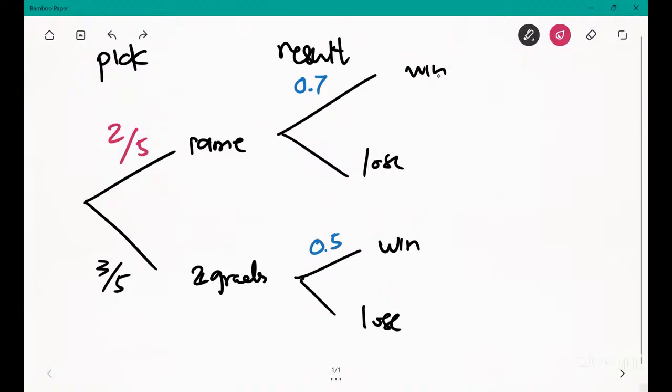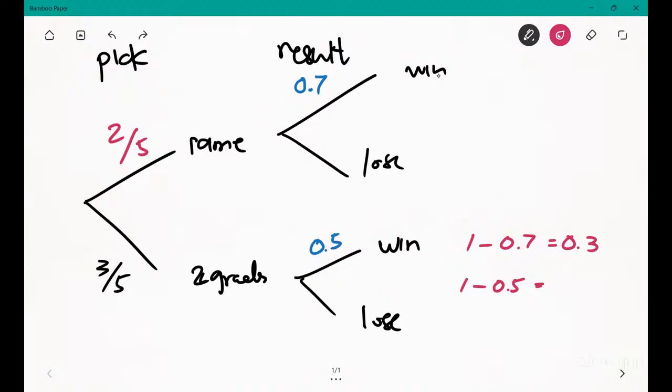Here also the whole is going to be 1. Always the whole is 1. Even as a fraction, the whole is 1. Decimal also, the whole is 1. So here it's going to be 1 minus 0.7, giving us 0.3. Same thing here, 1 minus 0.5 giving us 0.5. That's how you find the remaining part.